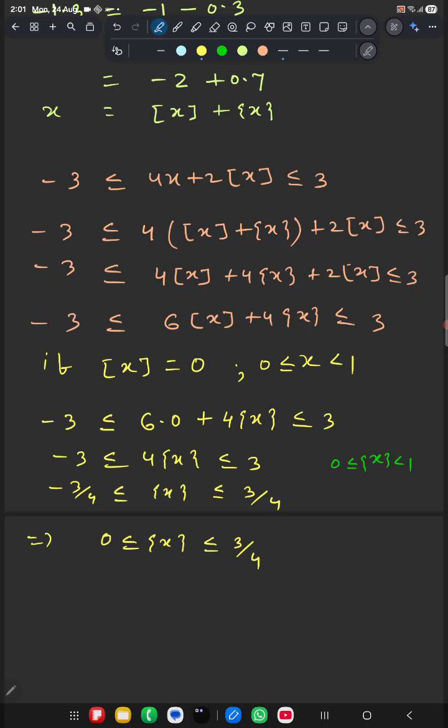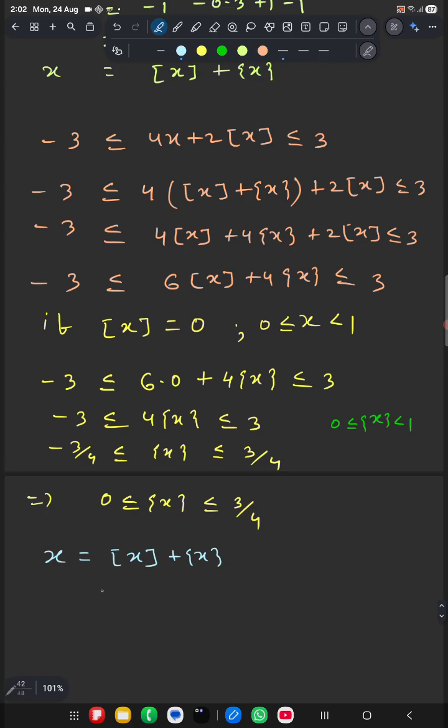Now x is, using the formula [x] + {x}, the lower limit will become 0 plus fractional part 0, that is 0, and the upper limit, for the same formula, is 0 plus the fractional part, which is 3/4.